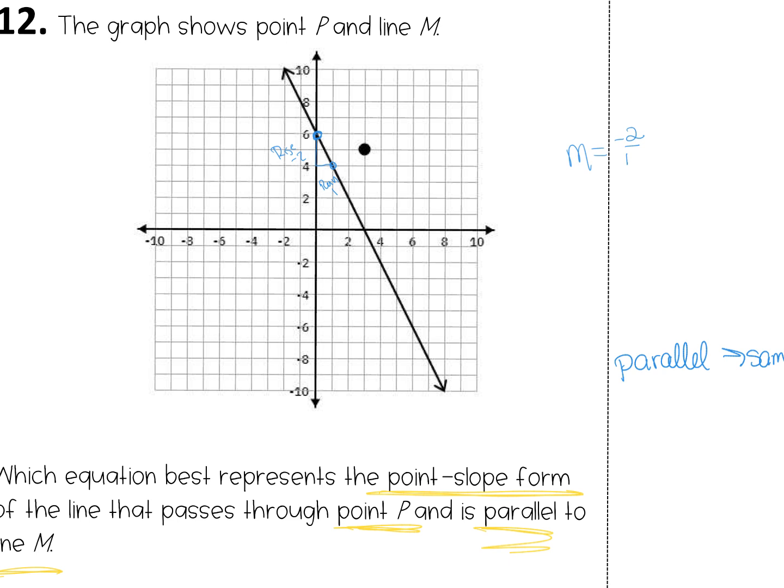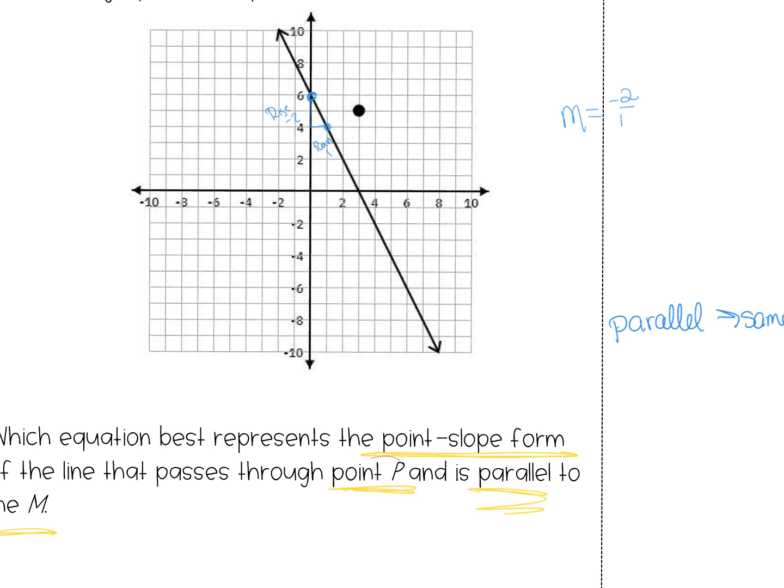And then I have this point right here. This point they give me, they called point P. Well, here's point P, and it's over 1, 2, 3 from the origin, and up 1, 2, 3, 4, 5. So over 3 and up 5. So if I want to write point slope, it looks like y minus y1 equals m times x minus x1.